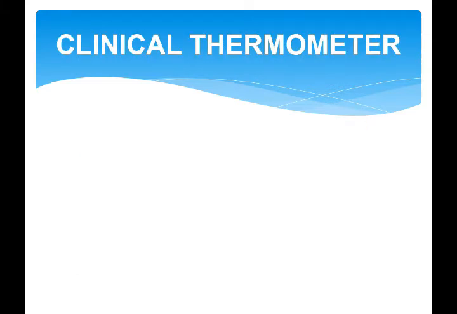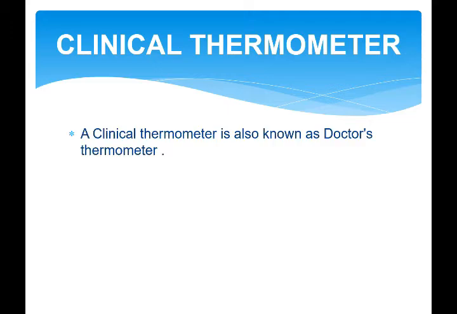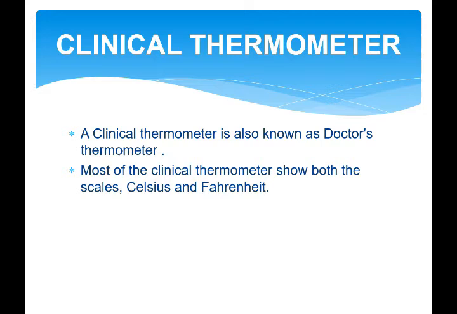Clinical thermometer. A clinical thermometer is also known as a doctor's thermometer because whenever we go to a clinic, the doctor always measures the temperature with the clinical thermometer. Most clinical thermometers show both the scales, Celsius and Fahrenheit.